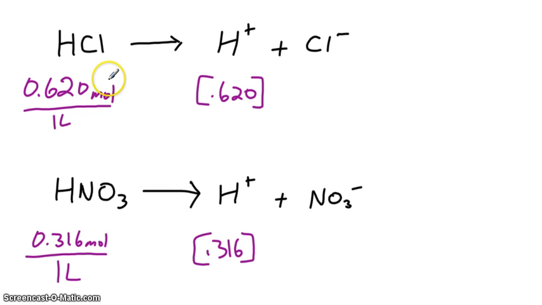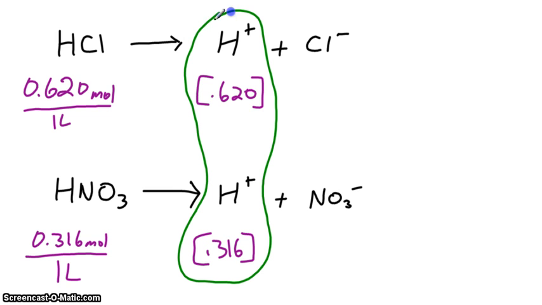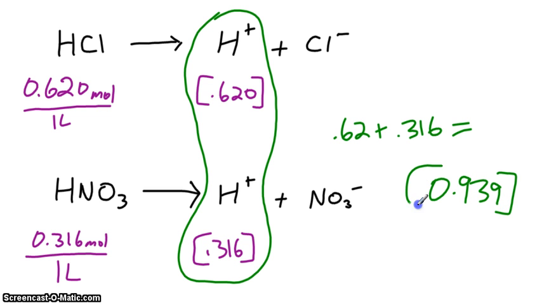Since the HCl and the HNO3 were mixed together, the total hydrogen concentration of the entire solution is the addition of these two. So 0.62 plus 0.316 equals 0.939. That is our concentration of H+.